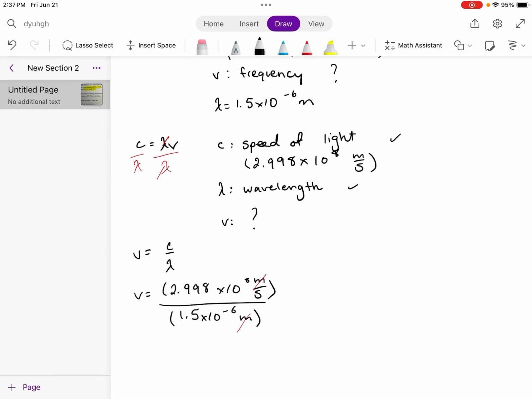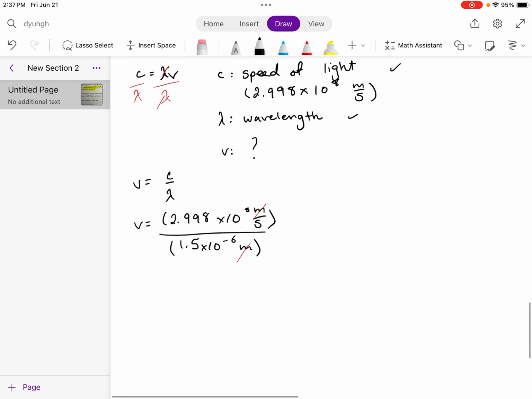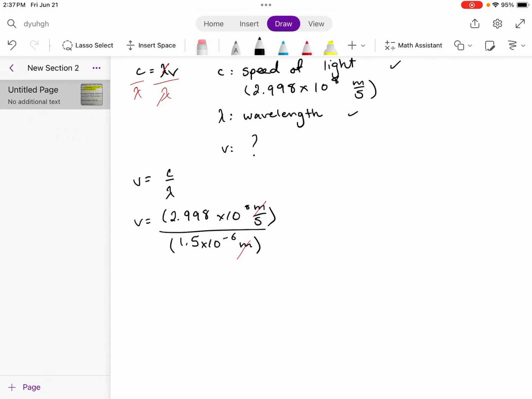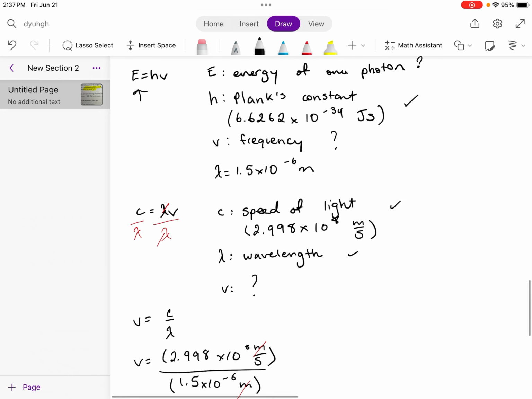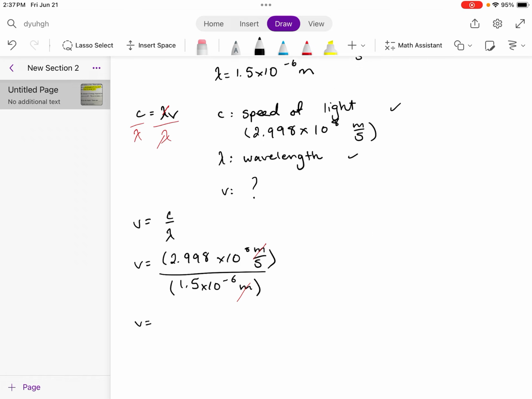Very good. If one of them was in nanometers, usually wavelengths can come in nanometers, you just have to use Google or convert it. So there we go. Which is good because, sorry, I didn't tell you, frequency is in the units 1/second, which is good because we have seconds up there on the denominator.